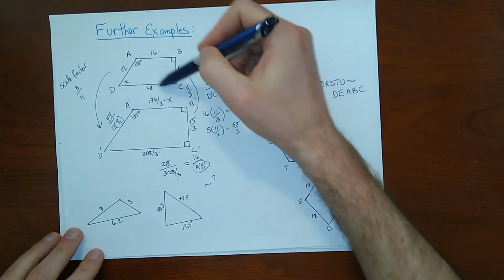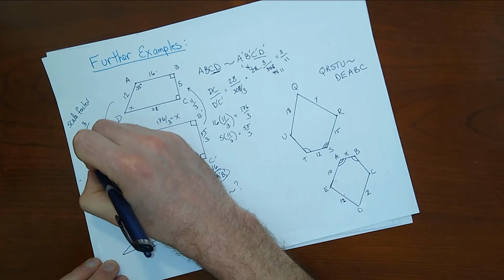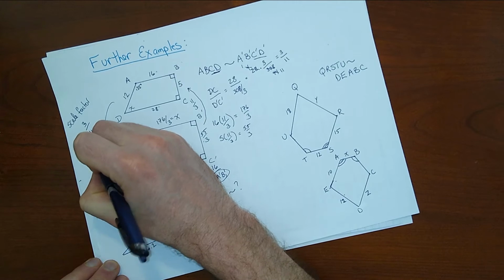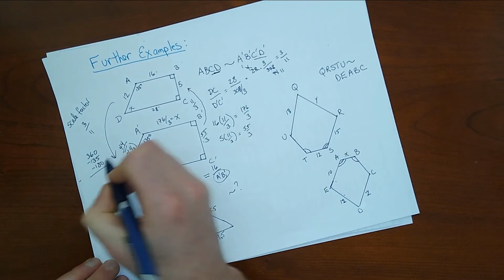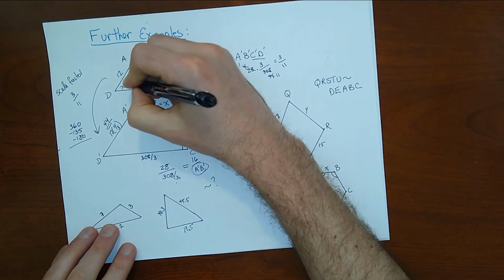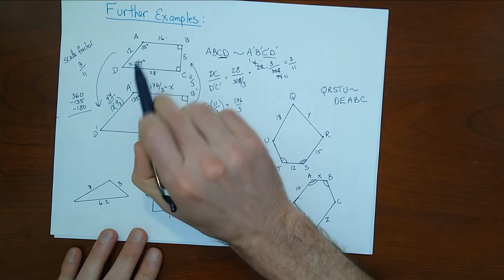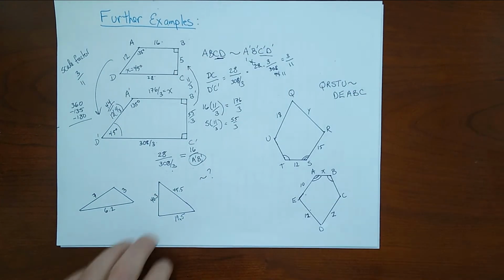So if I subtract these from 360, that will leave me with this unknown angle. So 360 minus 135 minus 180, because of the two 90s, gives me 45. So that angle is 45 degrees, which means that this angle in the similar figure will also be 45 degrees.